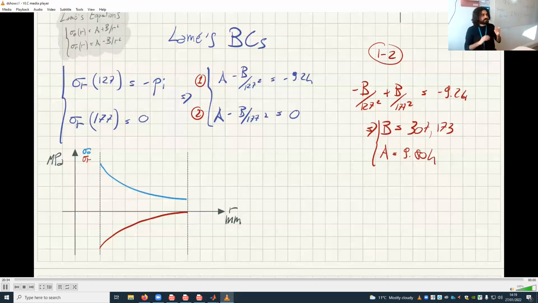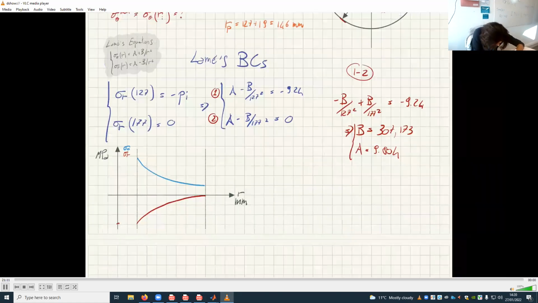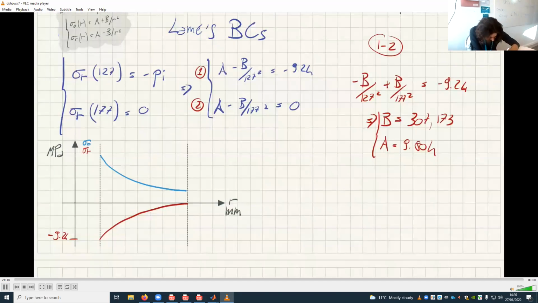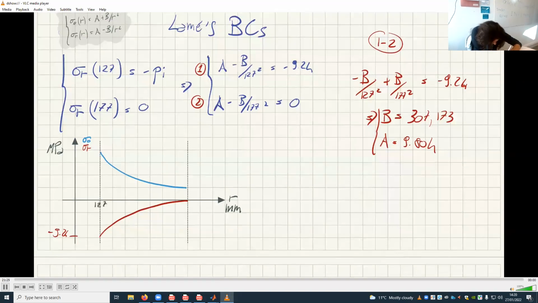You see, I am making sure that this line reaches 0. I don't know how much these numbers are. Well, I know that this one must be minus 9.24. And what I want to find is, remember, RP. This number here is 127. This number here is 177.